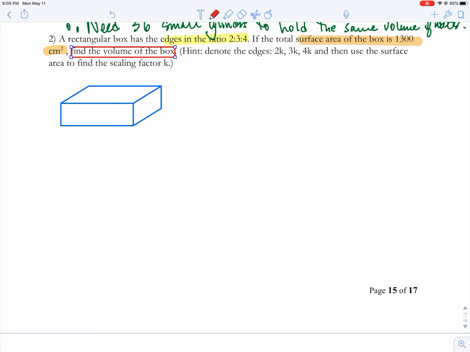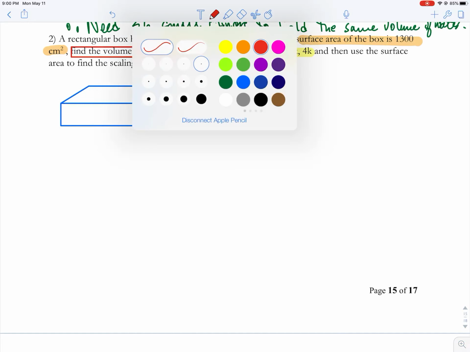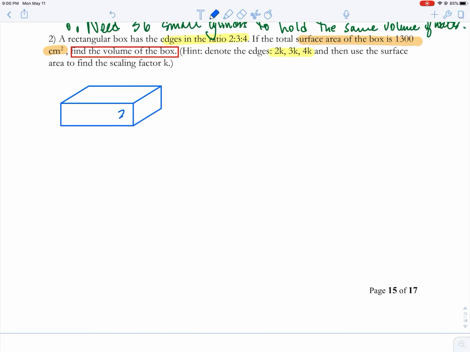And they gave us a hint that we should call the edges, this goes back to that ratio, 2k, 3k, and 4k. So that's going to be like a scaling factor. So I'm going to call the edges 2k, 3k, and 4k.